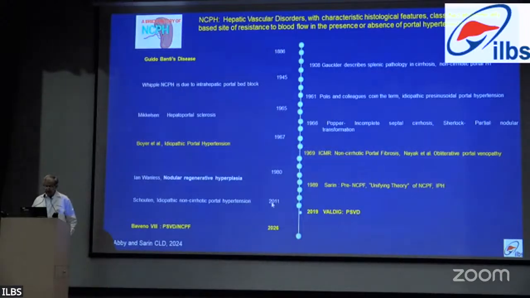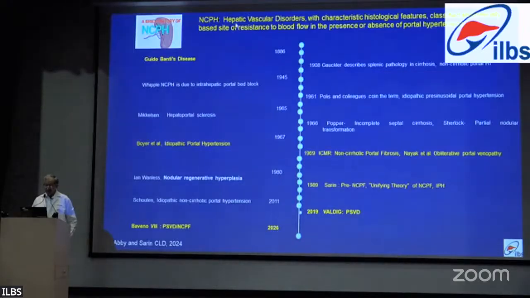Then idiopathic non-cirrhotic portal hypertension. Then the vascular liver disease group gave the term, I will come to it, PSVD. And now in Baveno 8, and very recently in the Hepatology Journal, the term PSVD, NCPF together.